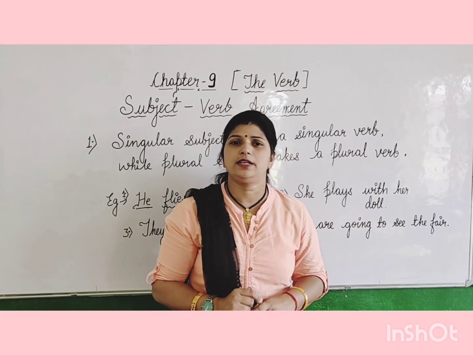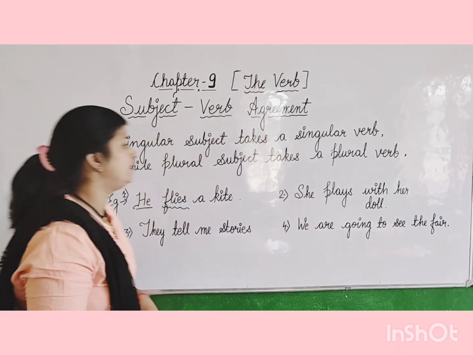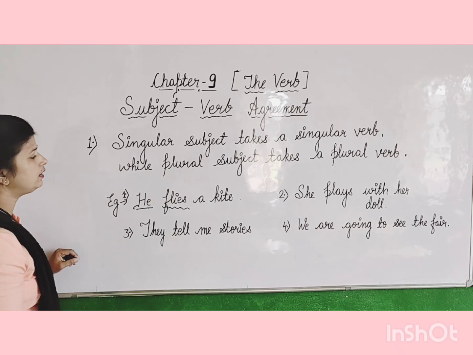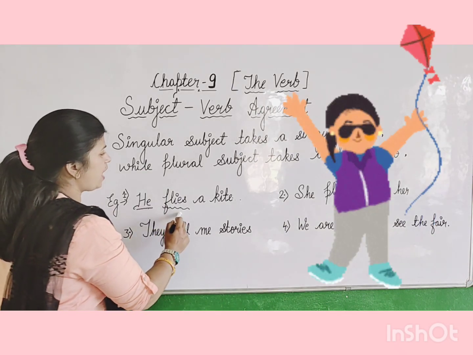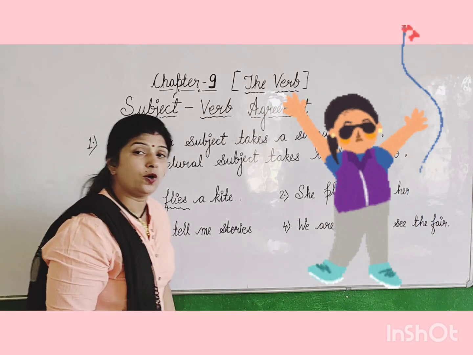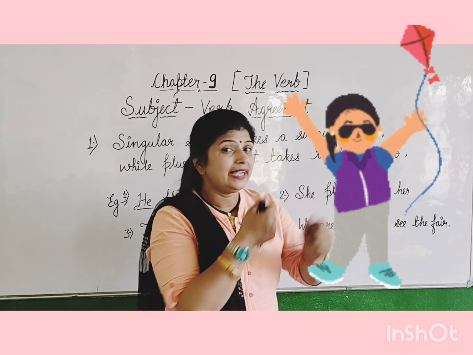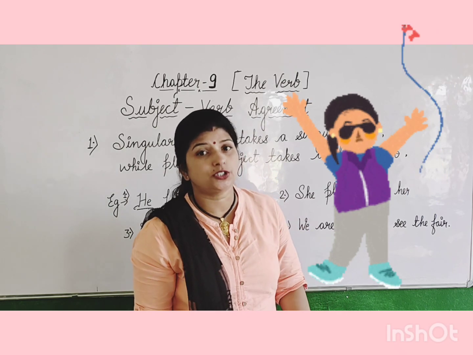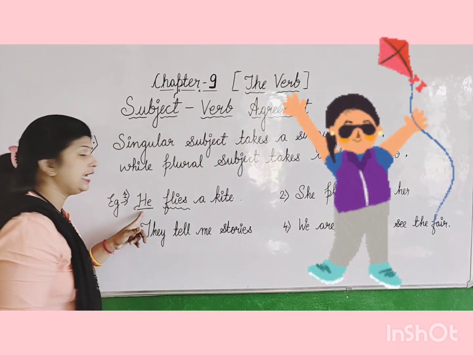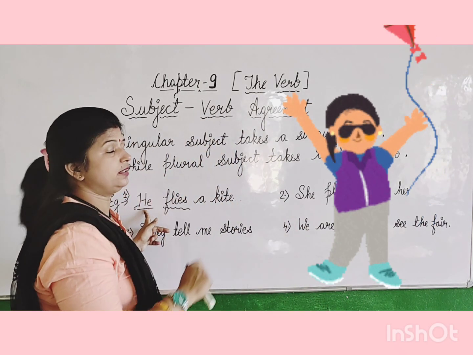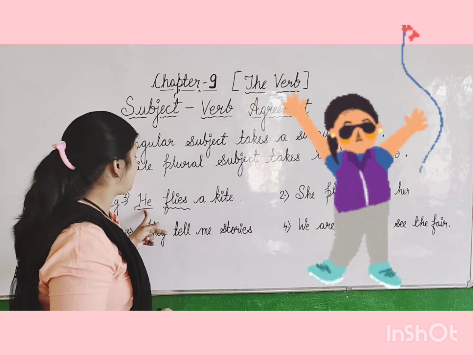Okay, let me explain this with the help of an example. You can see over here that he flies a kite. So in this sentence you are seeing that he is a single person. It is singular.